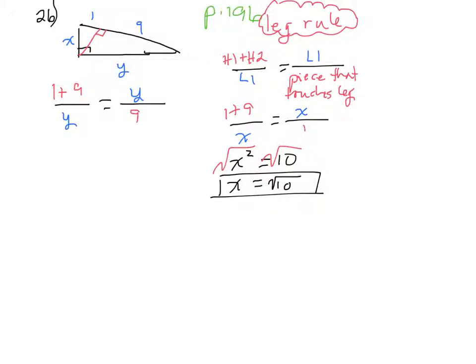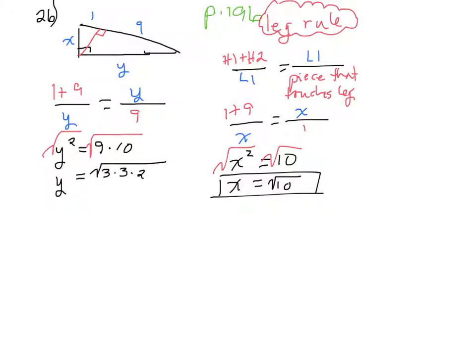So when we cross multiply and solve, y times y is y squared equals, and again, this is 10 times 9. So I'm going to go ahead and write out 9 times 10. And I'm going to take the square root of both sides. Square root of y squared is y. And then the square root of 9, 9 is 3 times 3.